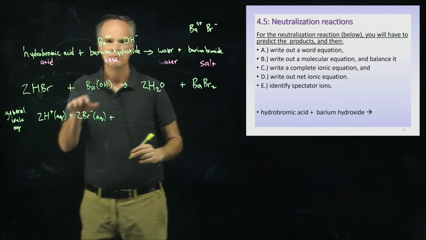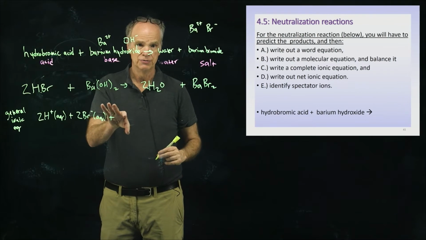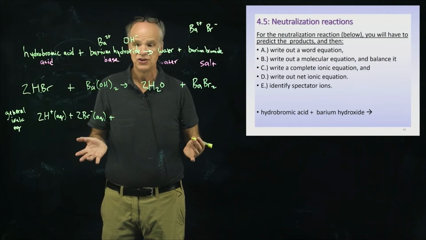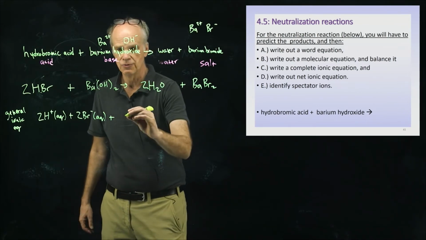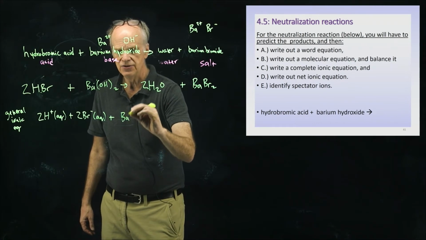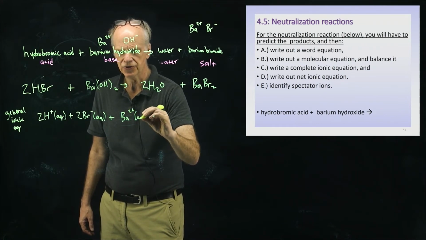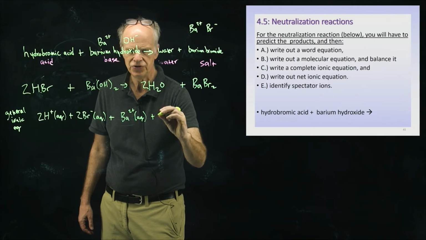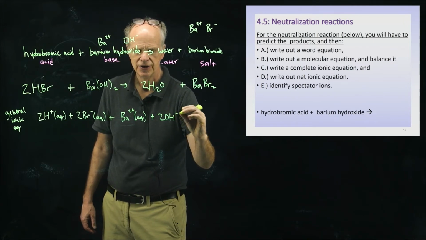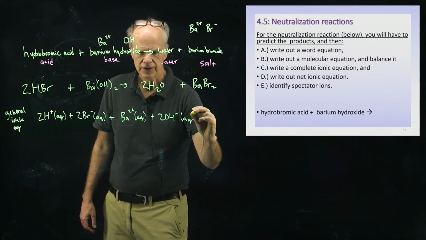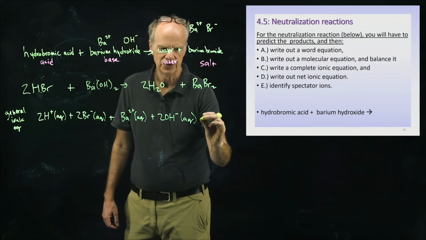Okay. Now, barium hydroxide is also soluble in water, and so we need to write these out as ions. And so we'll write Ba2+, aqueous solution, and then 2 hydroxides, aqueous solution. Okay, so far so good.